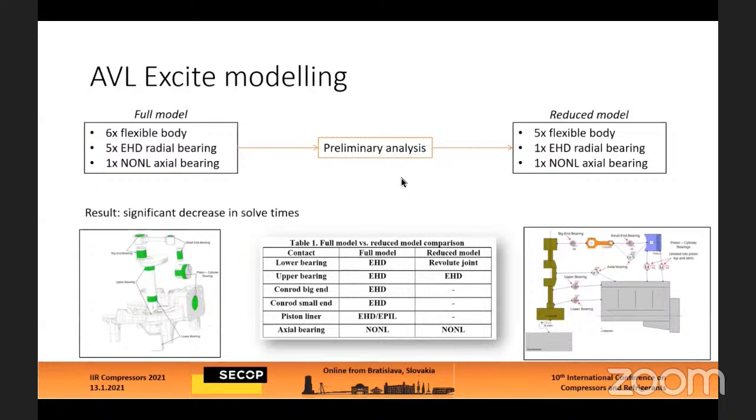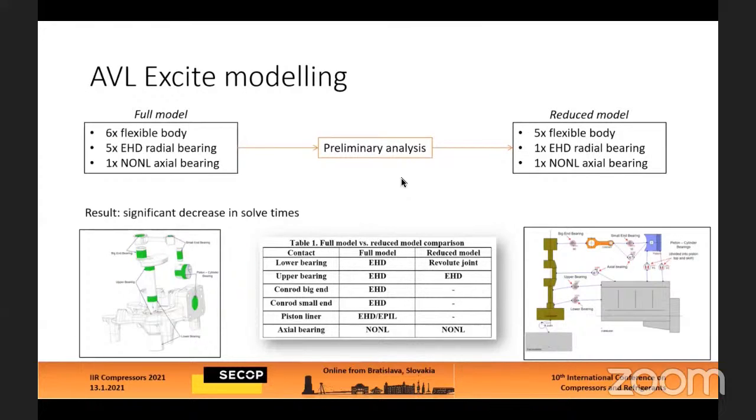As I said, in the AVL model, we have two different sizes of models. We have a full model, which includes all the parts, all 6 flexible bodies in this case, 5 EHD radial bearings, and 1 nonlinear axial bearing. Here we do a preliminary study.